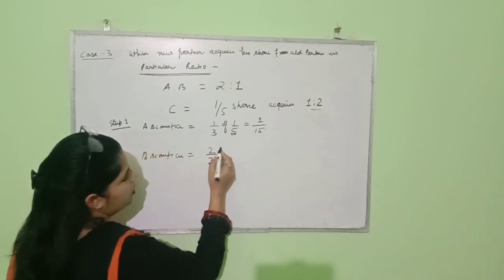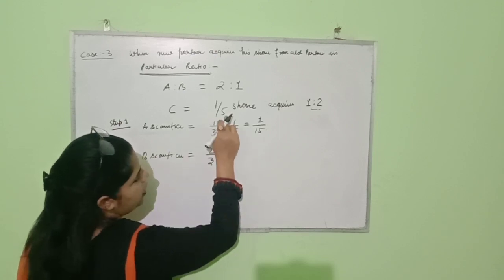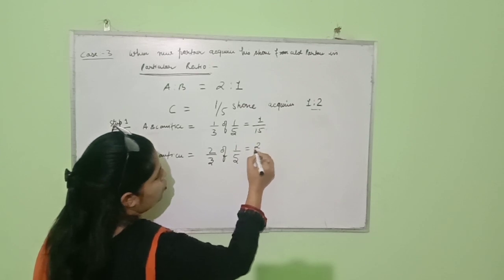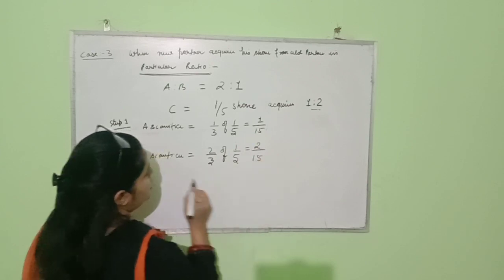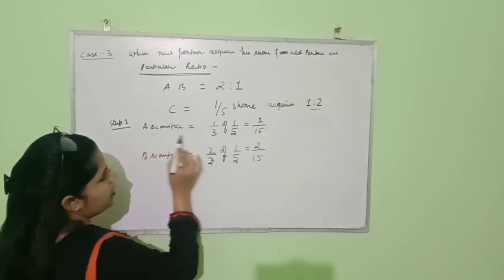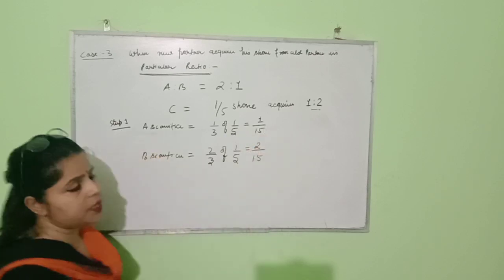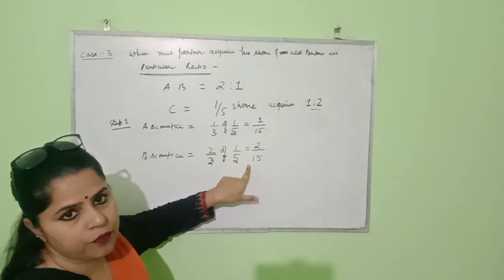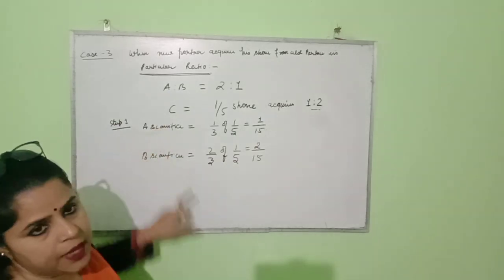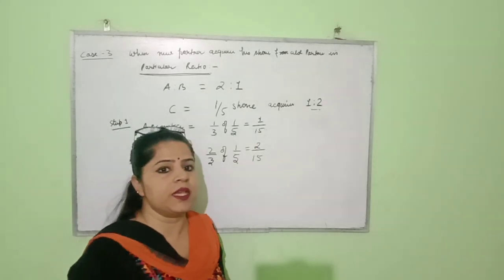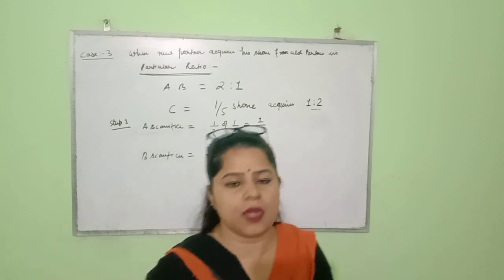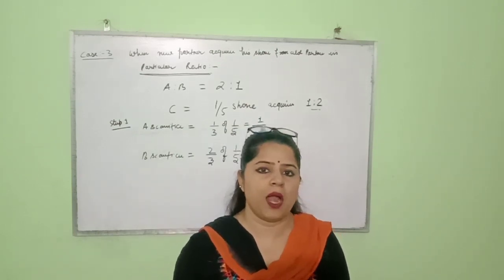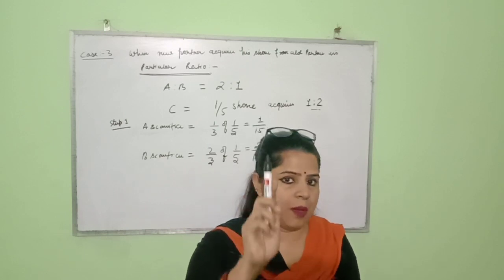So 2/3 of the share, how much is the share? 1/5. So it will come to 2/15. So the sacrifice done by A is 1/15 for C, and B's sacrifice for C is 2/15. This way we calculated how much C is acquiring from A and B, and how much A and B sacrifice for the new partner C. This is step number 1.